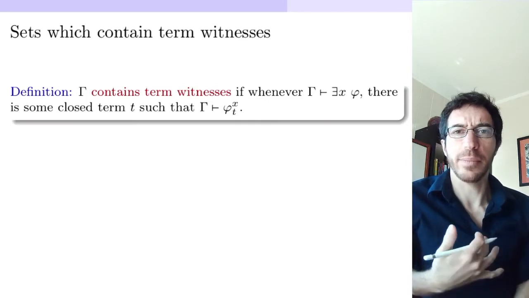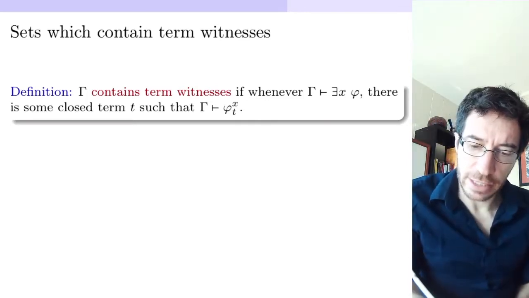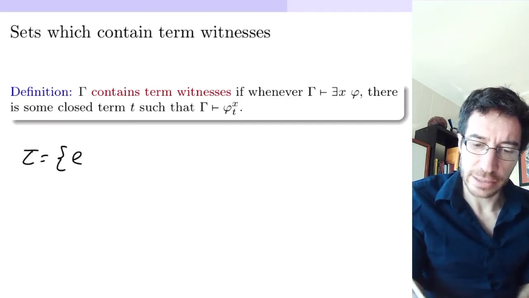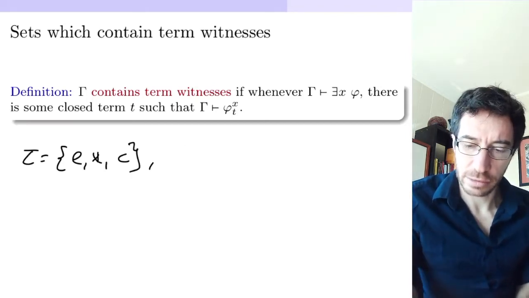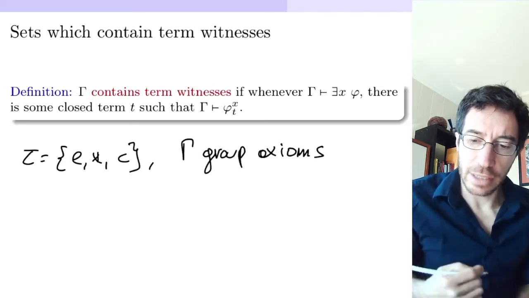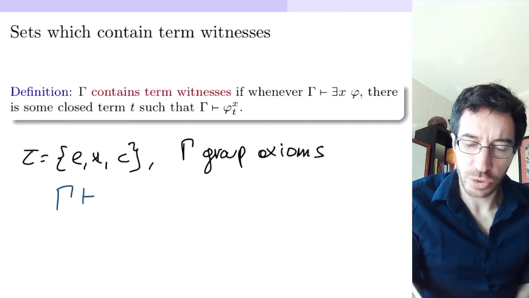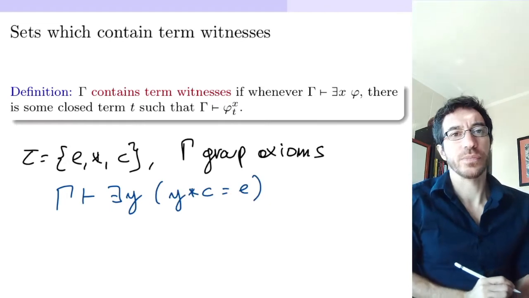So let's see an example of how this would look. In the case when we had tau, just the identity e, star, and c, and gamma the group axioms, then gamma shows that there exists a y such that y star c equals the identity. It shows this, right?